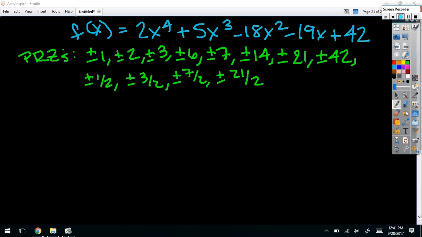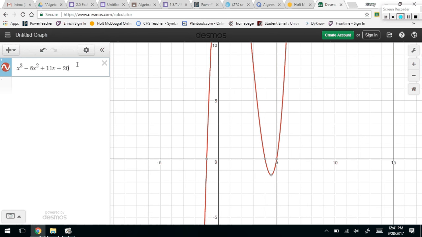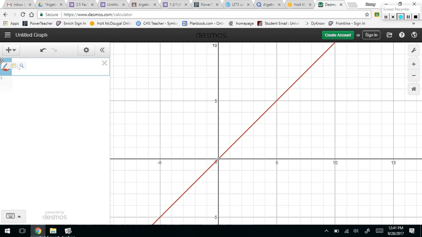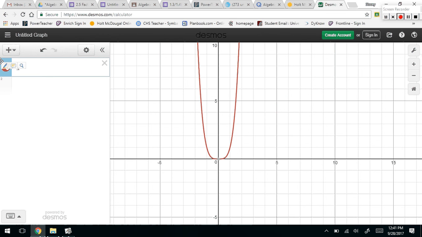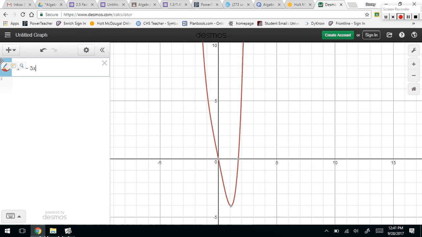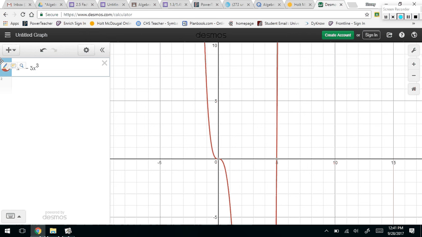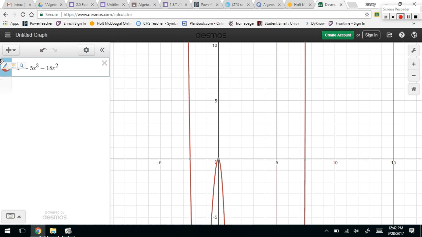All right, so if you go to desmos.com. It's on the board right here. The zeros. Okay, hold on. X to the 4th minus 5x to the 3rd. Look at how mine looks. It's pretty.